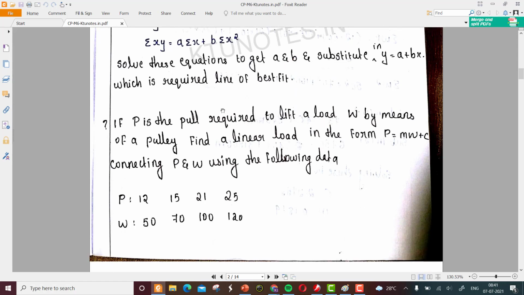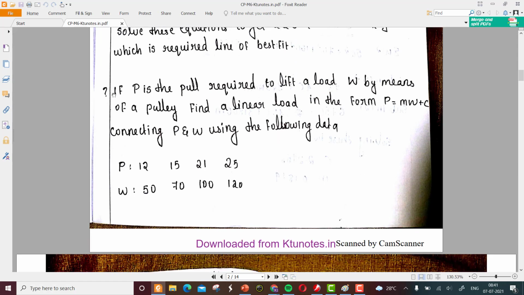A problem will make you clear. If P is the pull required to lift a load W by means of a pulley, find the linear law in the form P is equal to mW plus C, connecting P and W using the following data. So here you are going to lift a weight, and to lift a weight you need to apply a force, right?